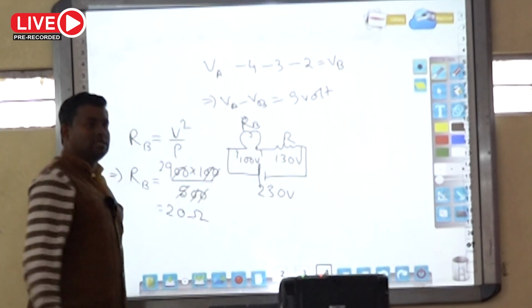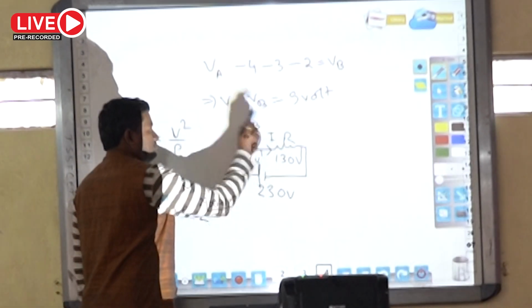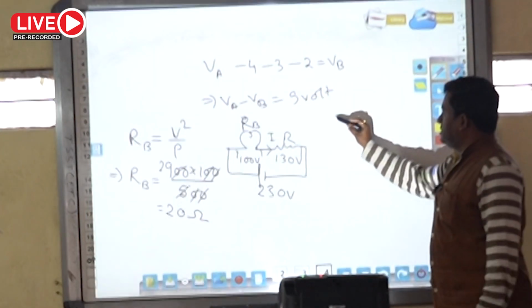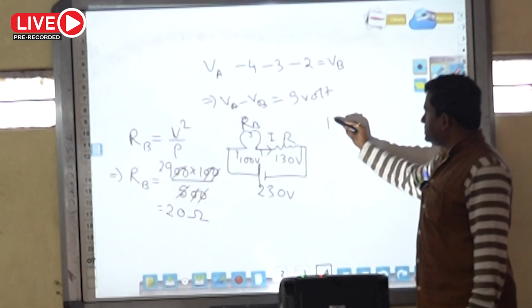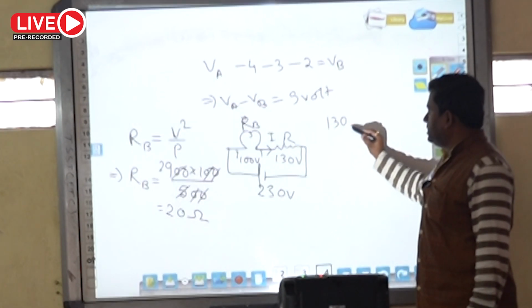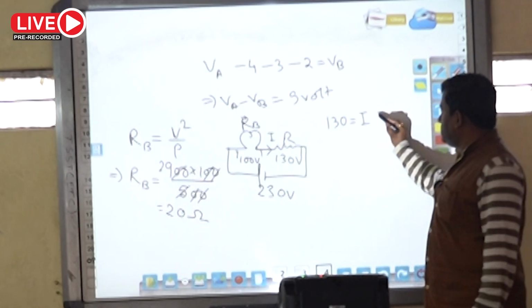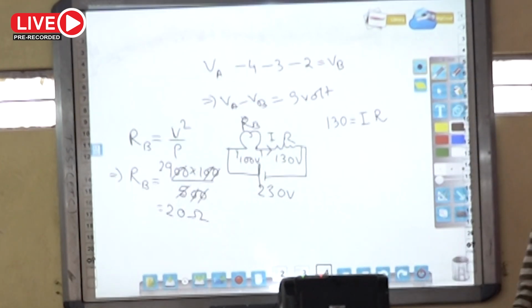Since both of them are connected in series, the current through them is the same. So I can write that voltage across the resistance, 130, equal to current through the resistance into the unknown resistance.